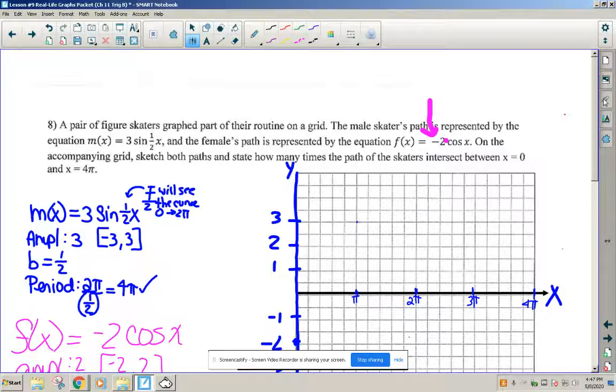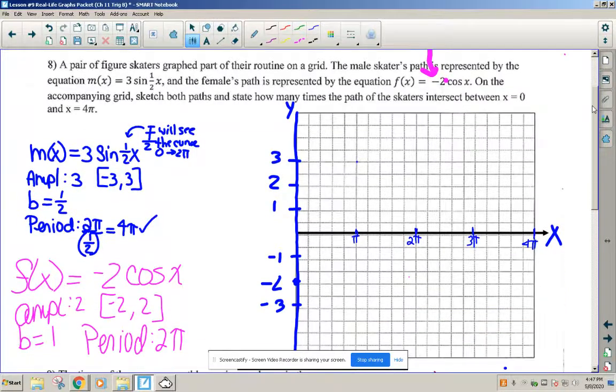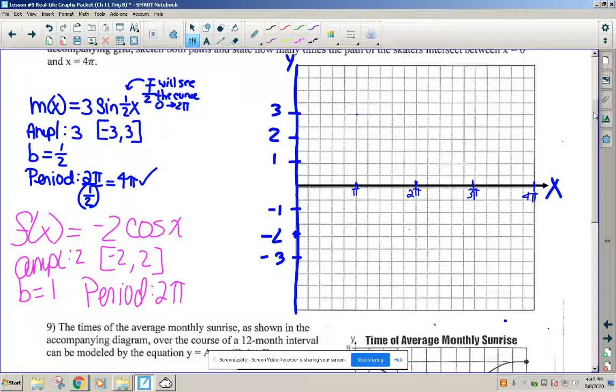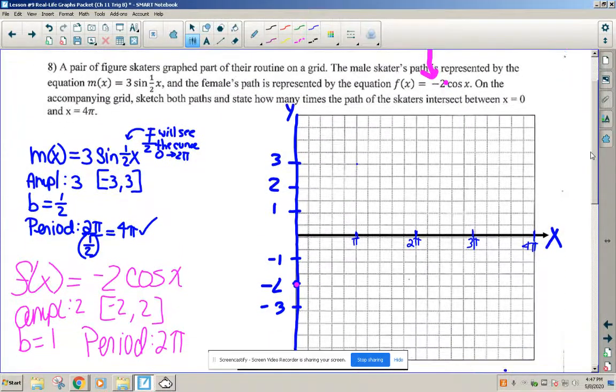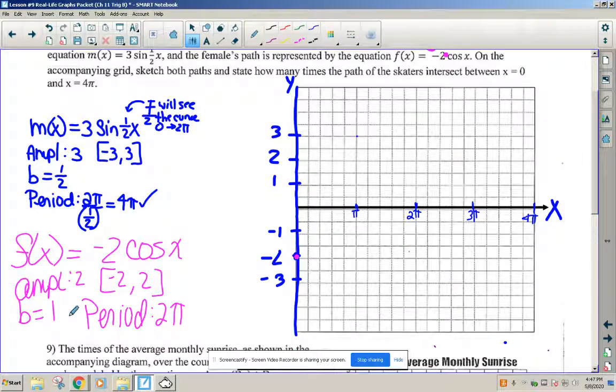That tells me that my amplitude for this one, I'm going to do the pink one first. My amplitude is -2, is +2 rather, but because of the negative, I am going to start down here at -2. The next thing it tells me is that I have a frequency of 1, which gives me a period of 2 pi. But the domain they told me I had to use was 0 to 4 pi.